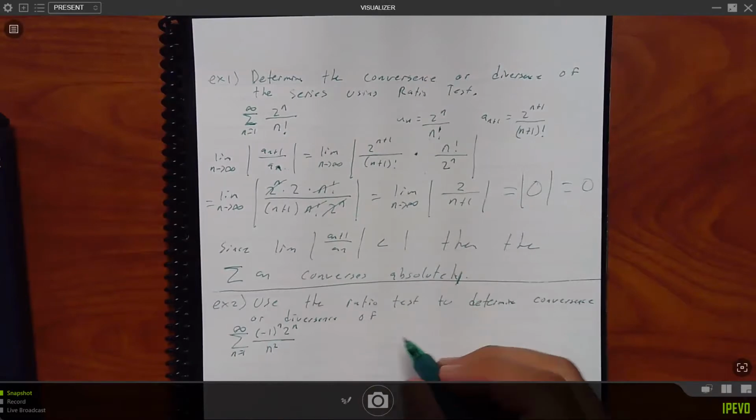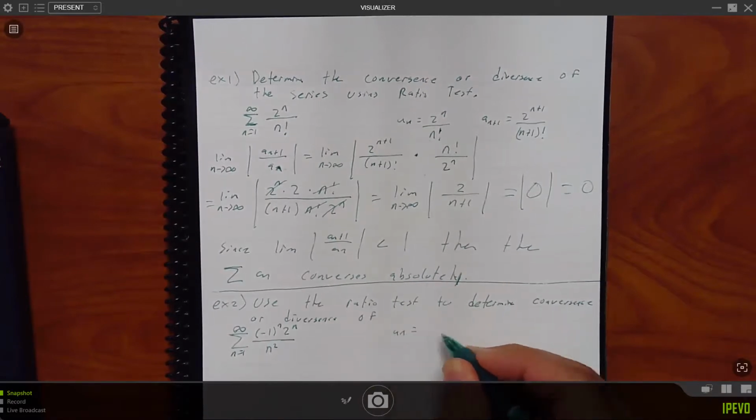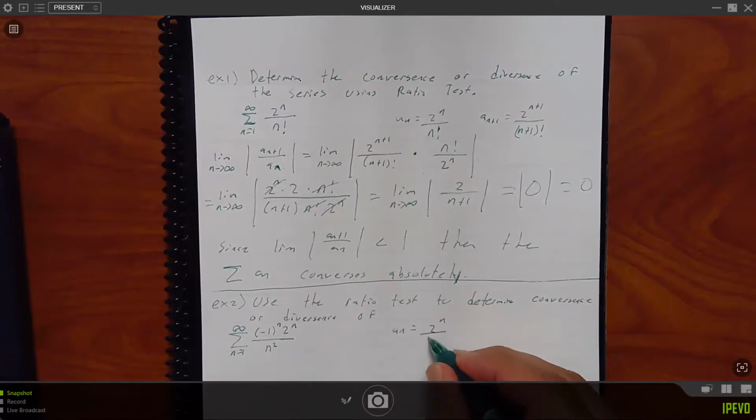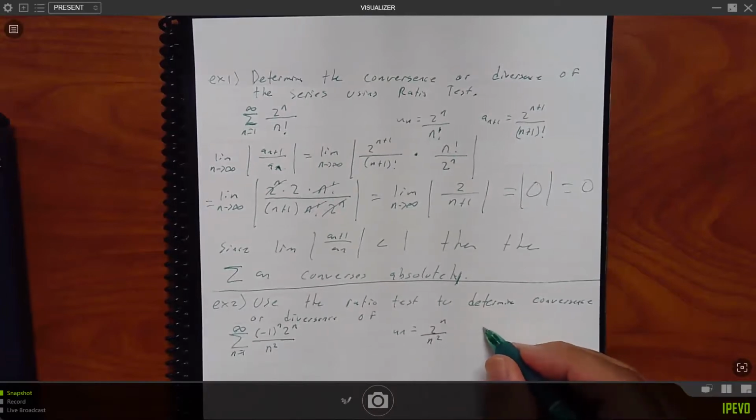All right, so a_n is going to be this guy. The alternating piece doesn't matter because there's an absolute value built in, right?